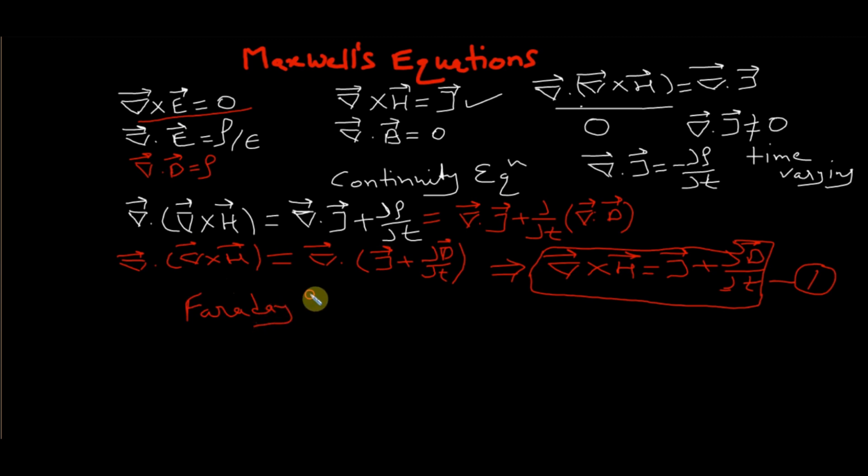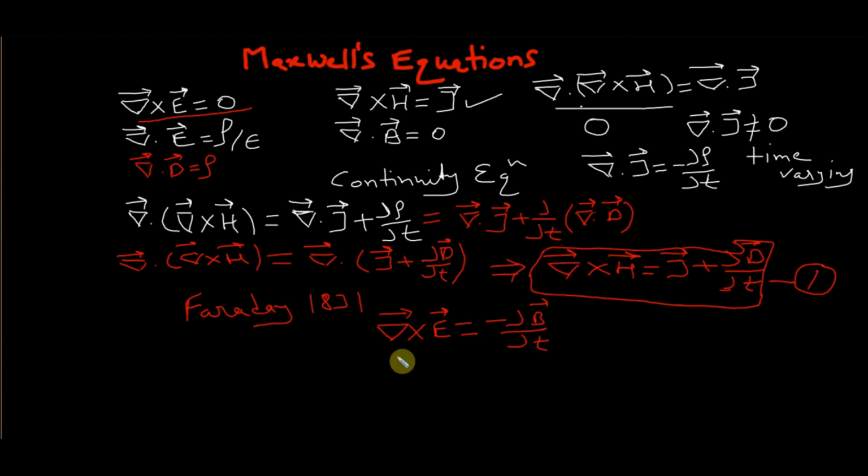Before this work of Maxwell, Faraday in 1831 modified this equation, del cross E. He performed an experiment and found that del cross E is not equal to 0 for the time varying case.